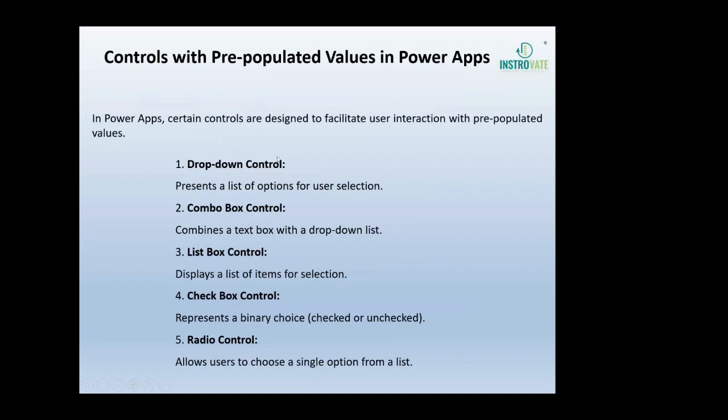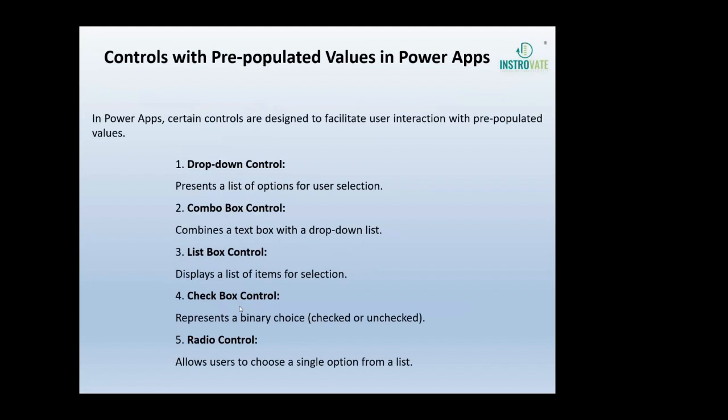The drop-down control presents a list of options for user selection. The combo box shows a text box with a drop-down list. The list box displays a list of items for selection. And the checkbox represents a binary choice.